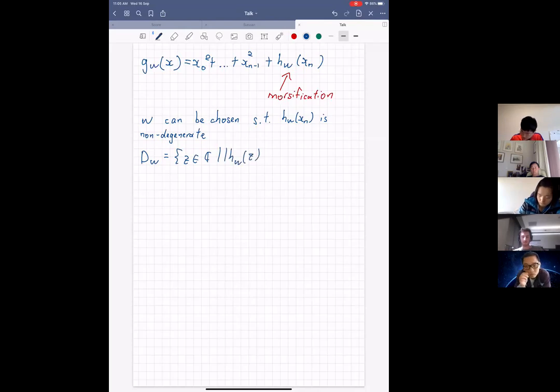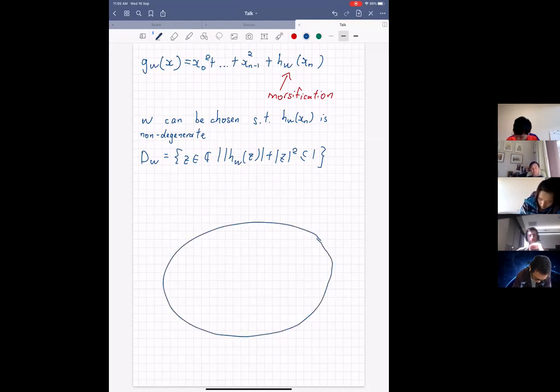And this is where we study the curves, which I talked about last time. So you can imagine this like this. And then the critical points are the roots of the polynomial.